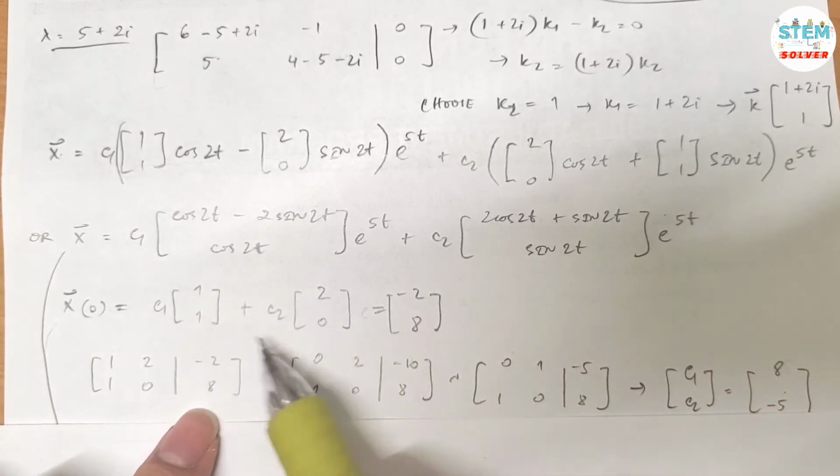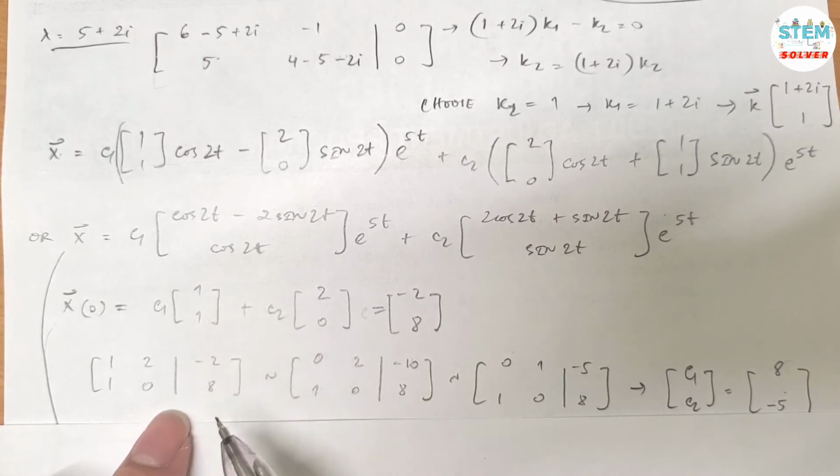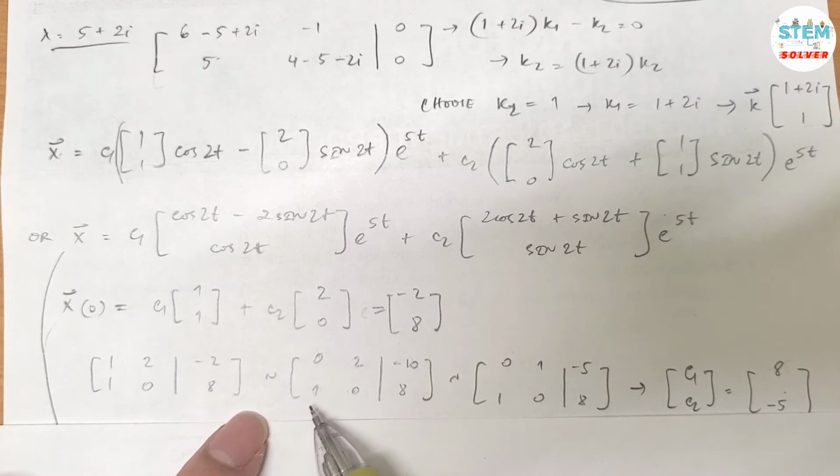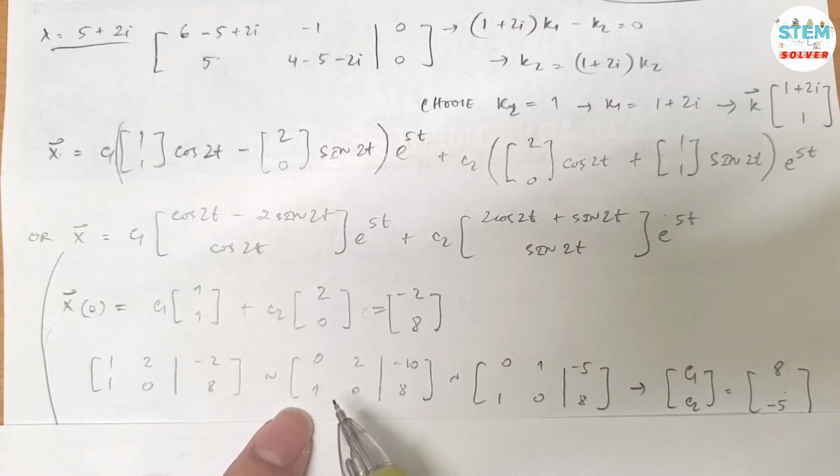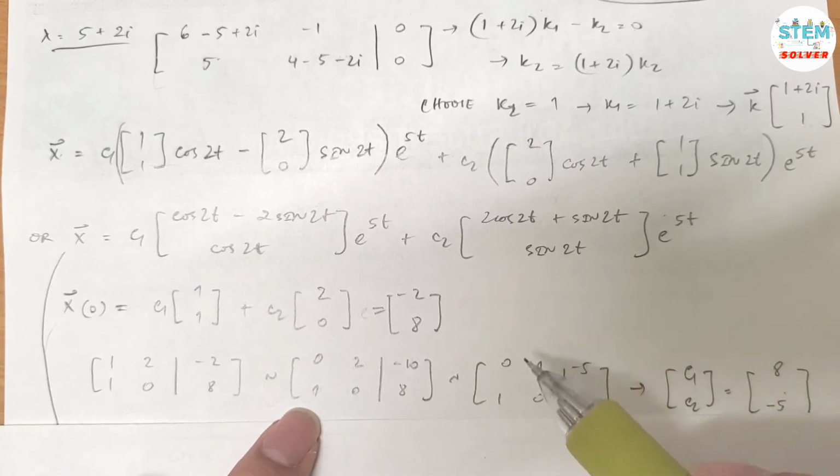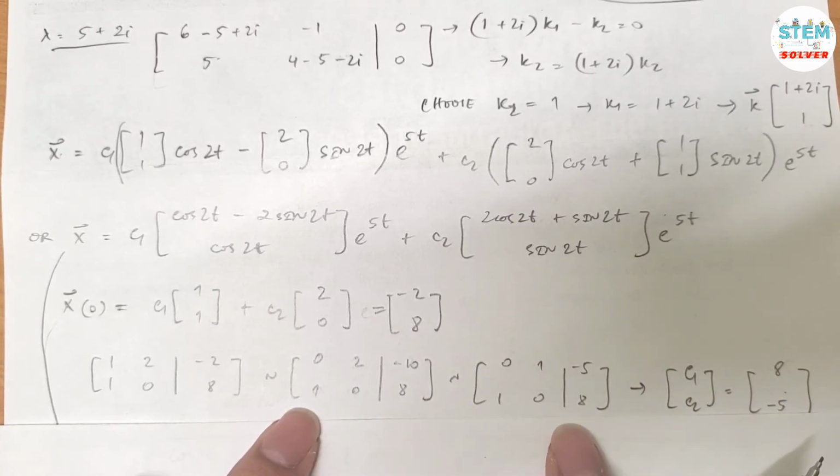So if you take the vectors and put them into a matrix, that gives you this matrix. Then you reduce this down to a matrix with a diagonal line of 1s, which looks like this.